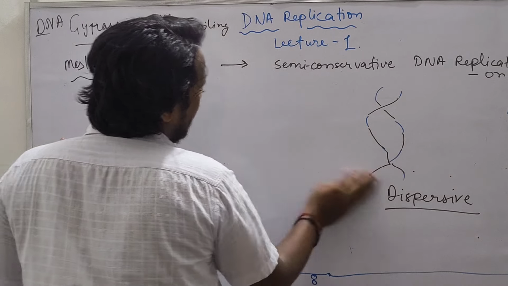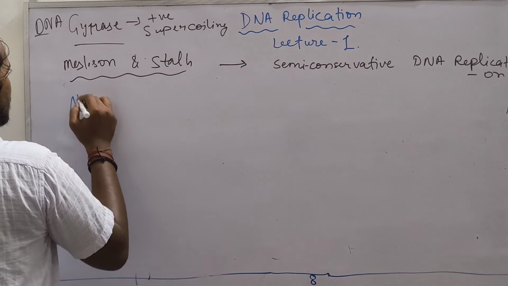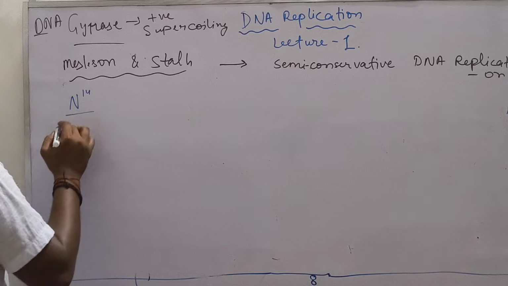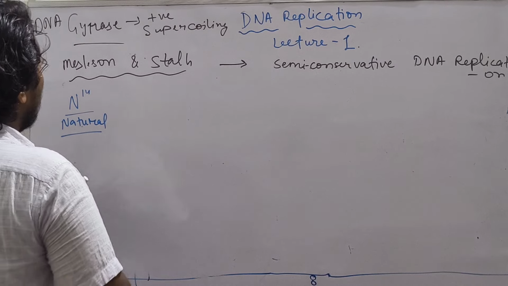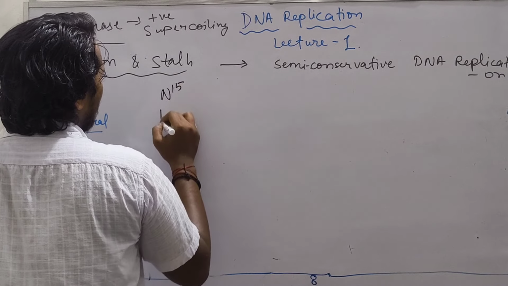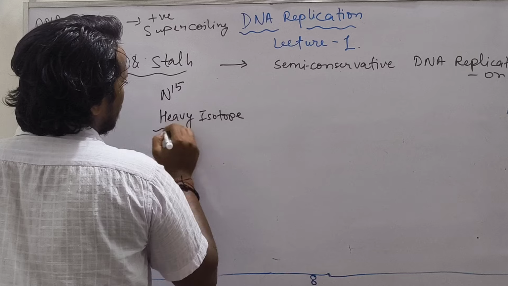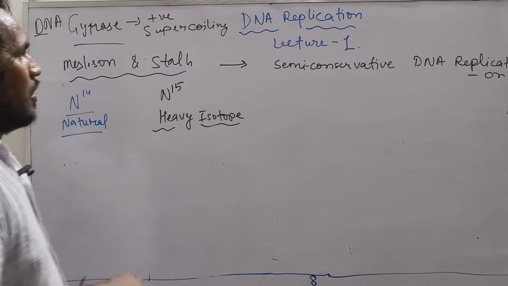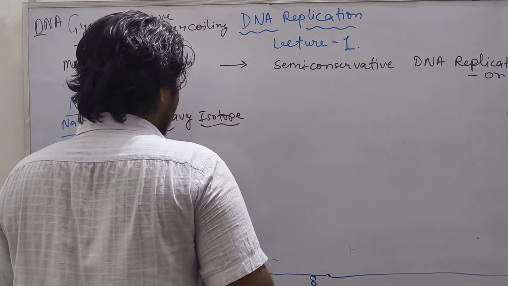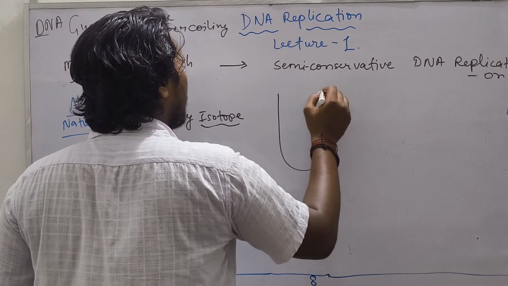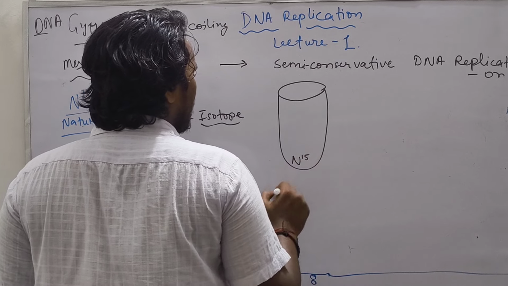It is shown using heavy isotopes. In nature we have N14 as the natural nitrogen source, and its heavy isotope is N15. In the beginning, they took DNA and replicated the E. coli in N15 medium, NH4Cl.